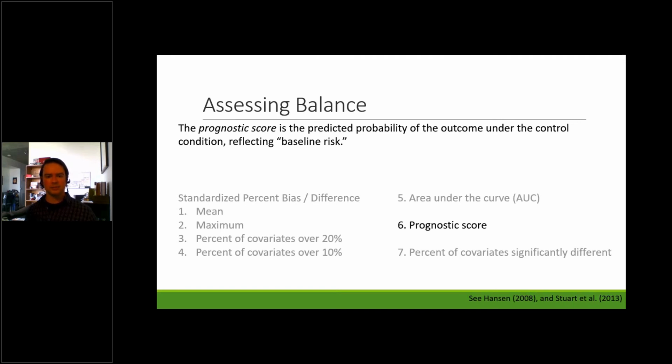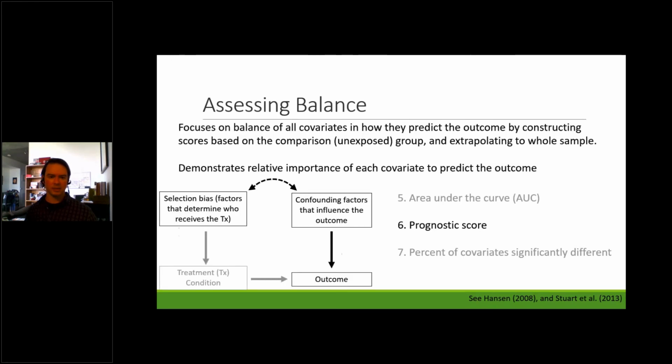The prognostic score is the predicted probability of the outcome under the control condition, reflecting baseline risk. Assessing the prognostic score is similar to assessing the standardized bias of the propensity score, but focuses on the balance of all covariates in how they predict the outcome, by constructing a score based on the comparison or unexposed group status, and then extrapolating it to the entire sample.